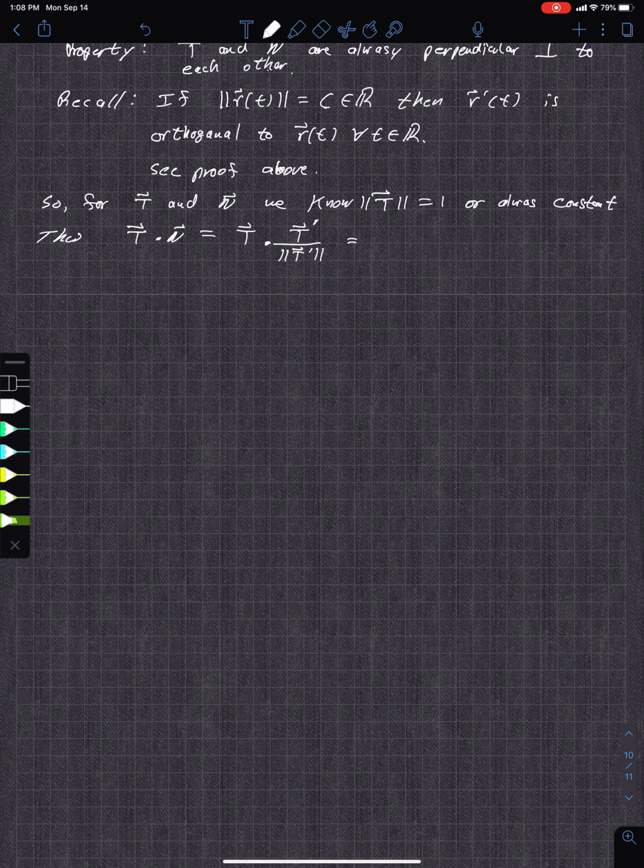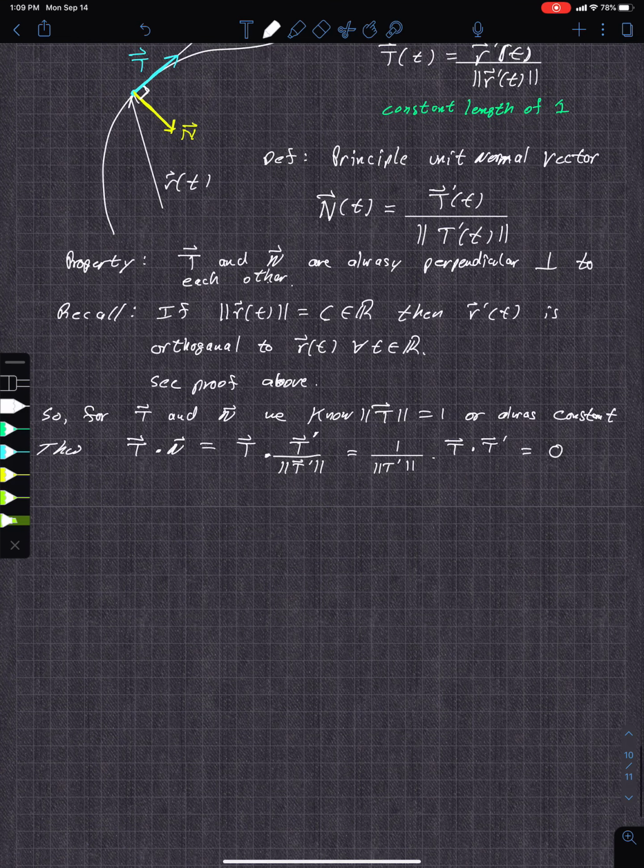I'm showing a little bit of the proof of how you would do it. So that's 1 over the magnitude of t prime, and then you end up with t dot t prime. Well, t dot t prime is 0, so the whole thing is 0. Remember how n is defined? n is defined to be this.